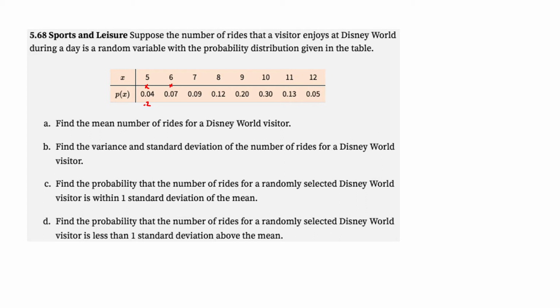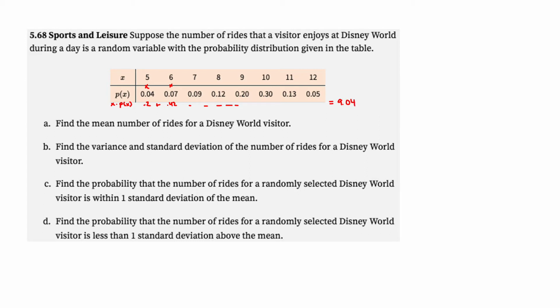Pretty straightforward, right? We're going to take these values and multiply them through, and so on. So this is going to give us a new line, x times the probability of x. And we're going to sum all of these up. And that will get us a value of 9.04.